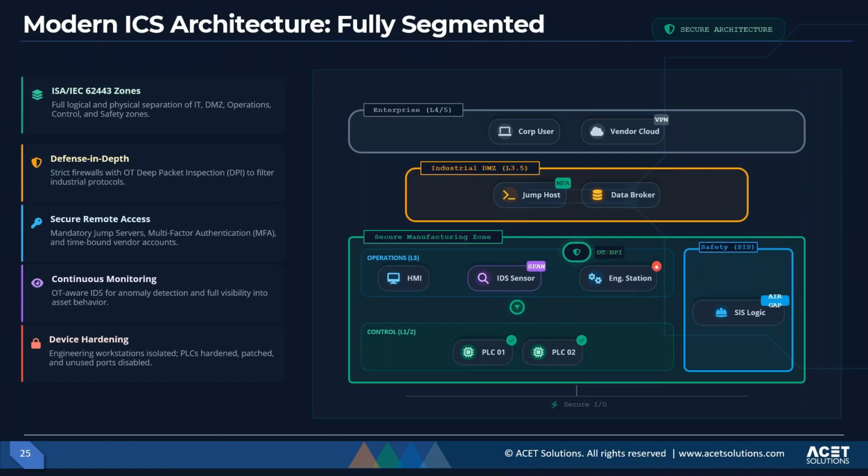Continuous OT network monitoring and anomaly detection provide real-time visibility into controller behavior, protocol activity, user actions, and system changes. Because ICS networks are predictable and stable, deviations such as a new communication path, unusual write commands, or unexpected device behavior are detected quickly.